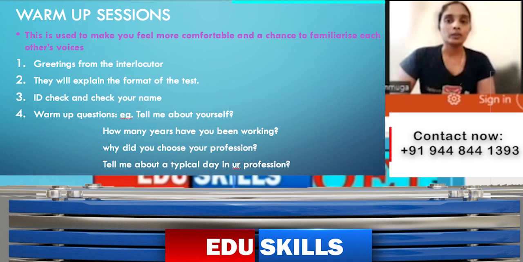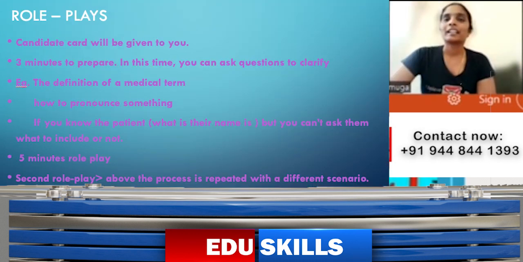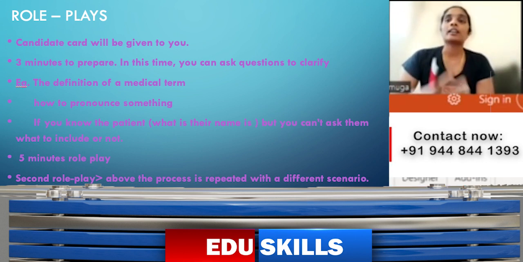Moving on to the role plays, they will give two role play cards. First, a candidate role play card will be handed to you, and they will let you know you have 3 minutes to prepare. During these 3 minutes, you can ask and clarify anything not familiar to you, such as how to pronounce some words or disease names that you don't know.